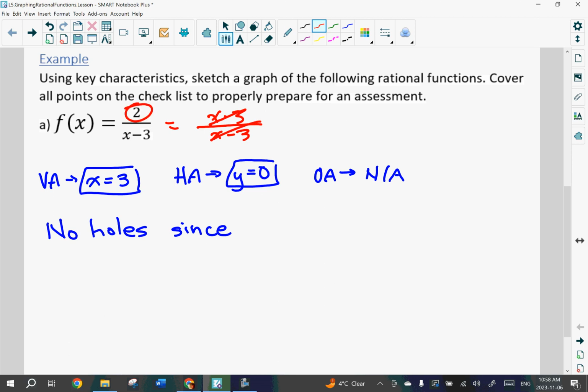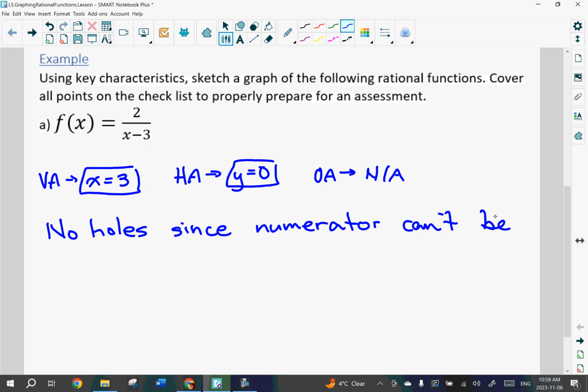Like, it's just a 2. So there are no holes for this one. No hole since numerator can't be factored.